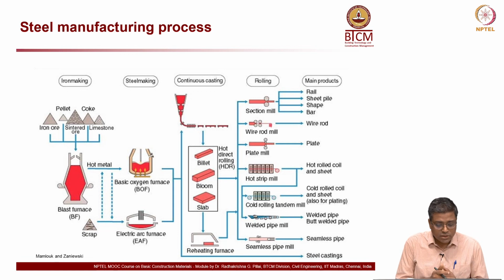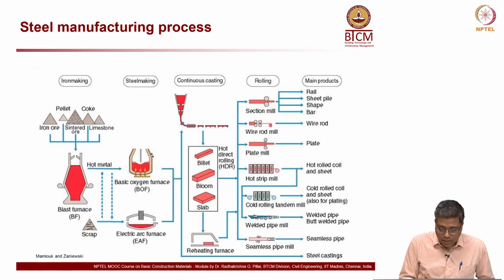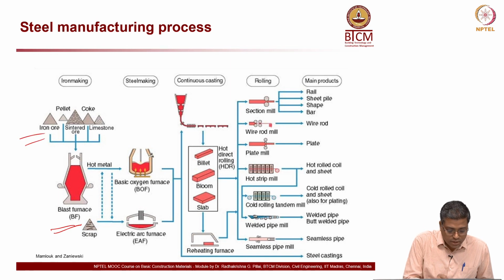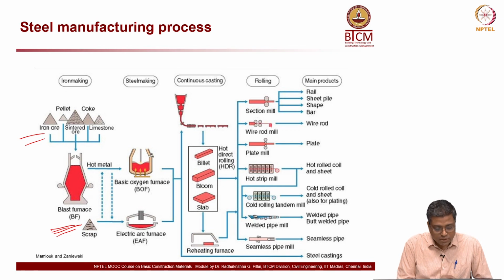Now, the steel manufacturing process, so just another sketch here. You can see here you have raw materials and then the blast furnace, the materials are put in the blast furnace, and then either an oxygen furnace or an electric arc furnace is used depending on the energy and the resources available. Mostly now people are going for the electric arc furnace.